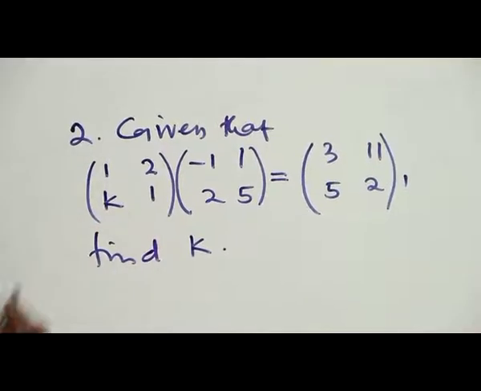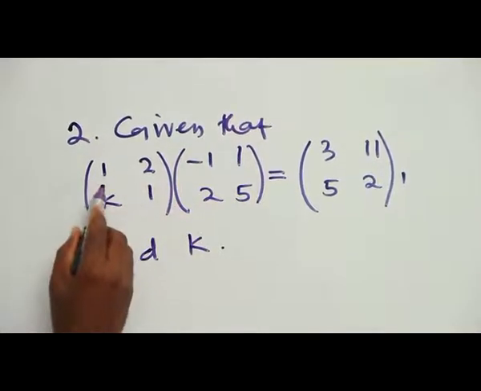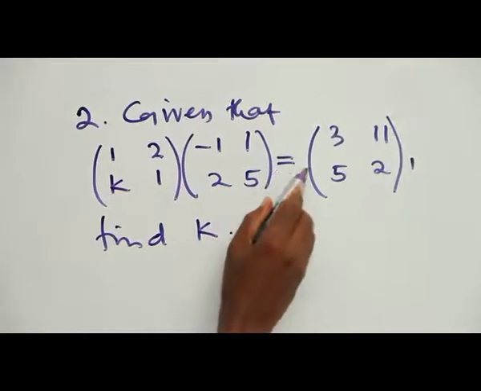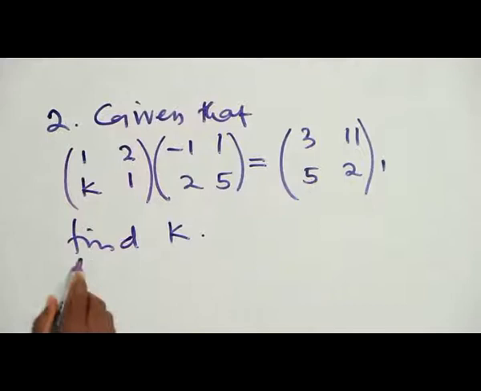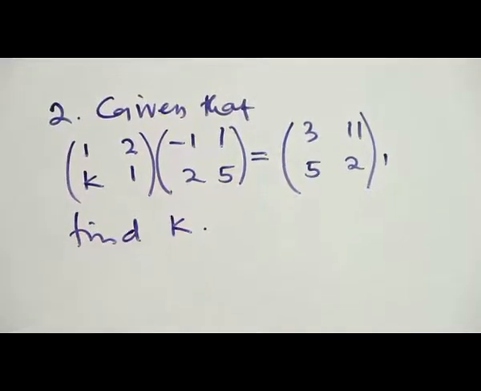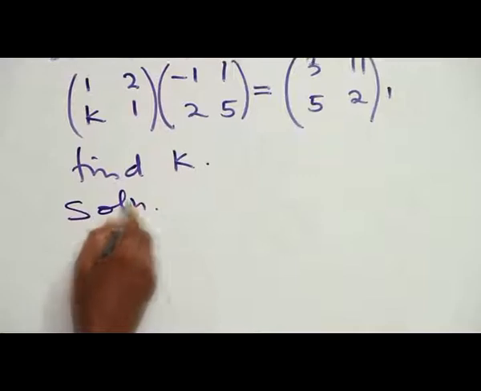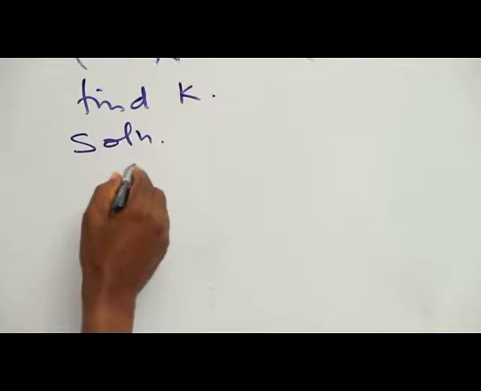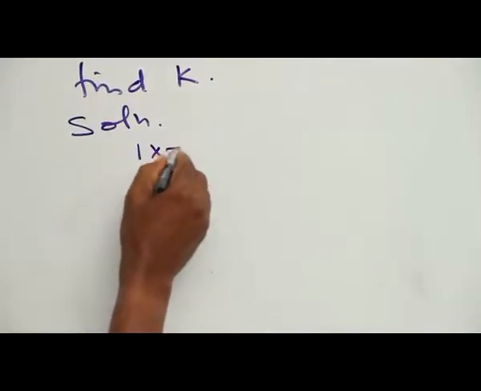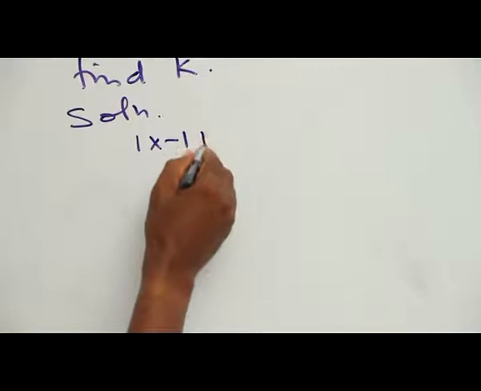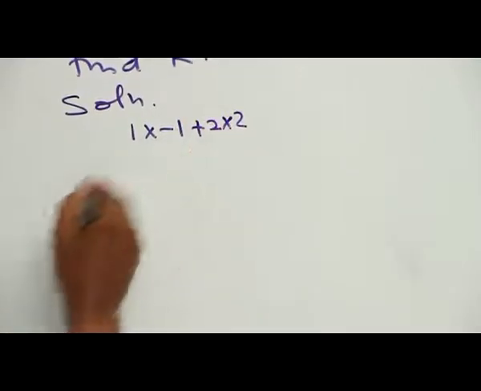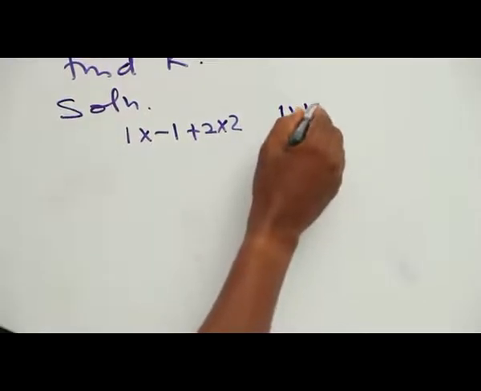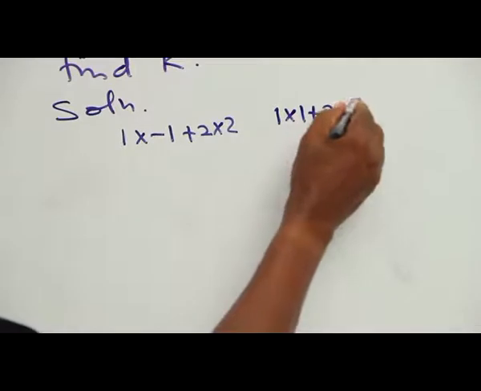We have example 2. Given that this matrix is multiplying this matrix, and the result is equal to this matrix, you have to find the value of K. Your solution: you have to multiply the left hand side, and that becomes 1 times minus 1 plus 2 times 2, and then again 1 times 1 plus 2 times 5.